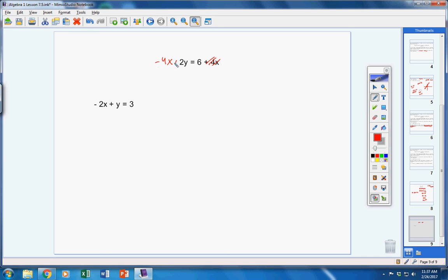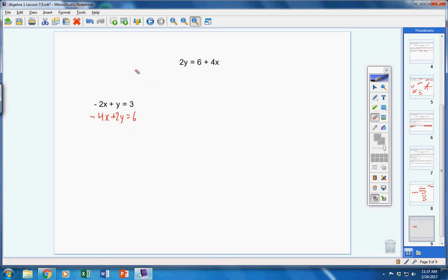This is a positive 2y. And I'll bring that down here so I have negative 4x plus 2y equals 6. So I took this equation here, students, and all that I did was bring the 4x over and made it negative. Okay? So that now both equations have their x's, then their y's, then their equal signs, then their constant terms.